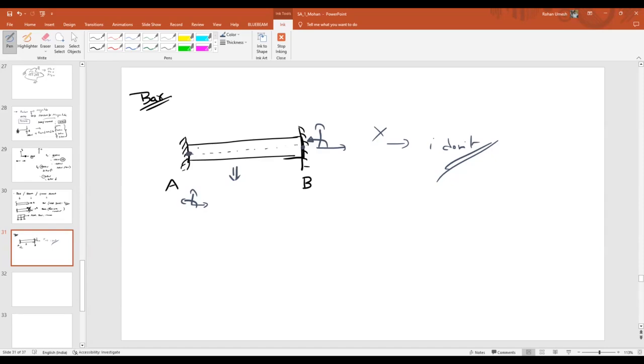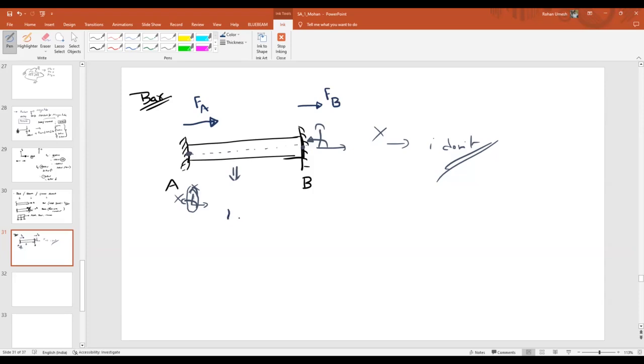How come you will get shear? Vertical means in this case it is shear only. How come vertical force will develop and how come moment will develop? They don't develop. So as we are dealing with the bar problem, at end A one unknown force will be along the axial direction, FA, and another unknown force along the axial direction at B.